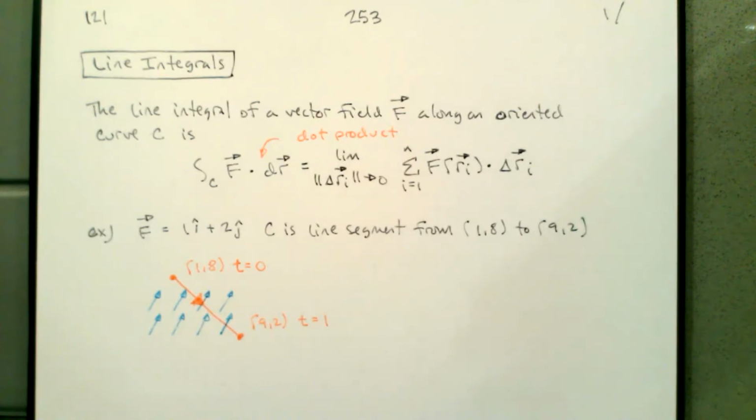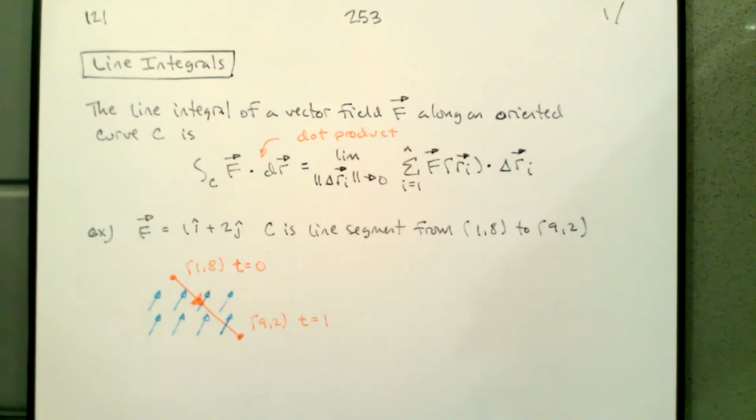It might be that in the particular situation that we're looking at, (1,8) happens at the start, but (9,2) doesn't happen until t is equal to 10. That's not going to make a difference. Going from (1,8) to (9,2) when t goes from 0 to 1 is just going faster. So the values of the parameter are easy to shift around. We can shift those to be convenient for us. So might as well start off at 0 and end at 1.